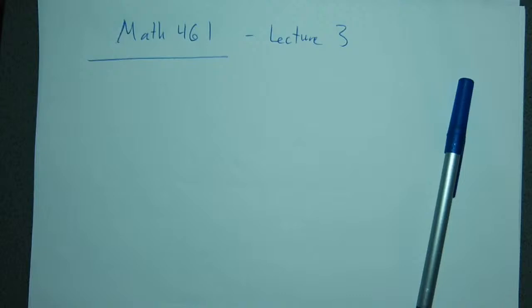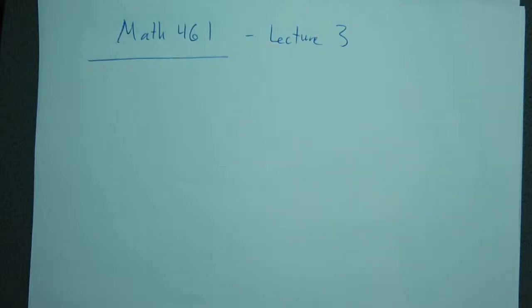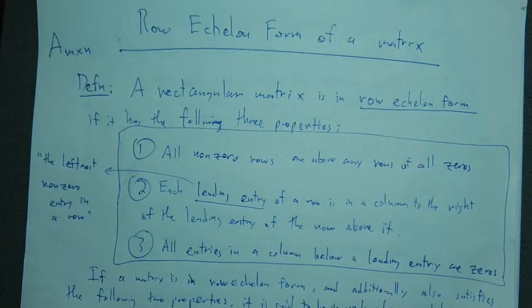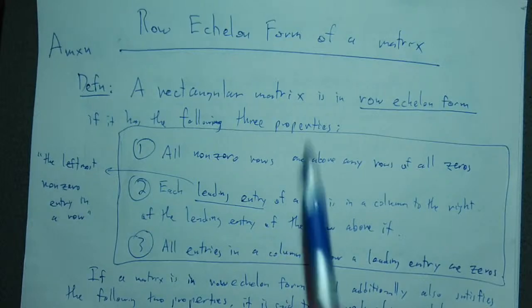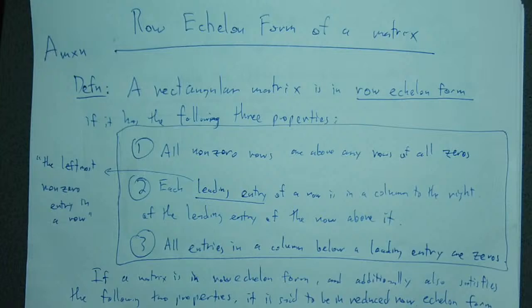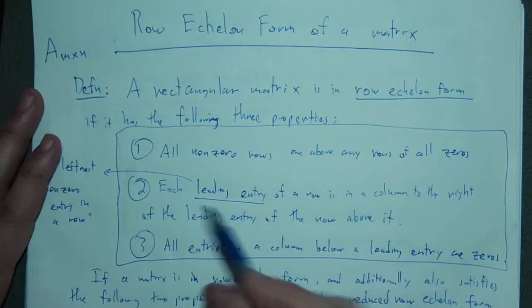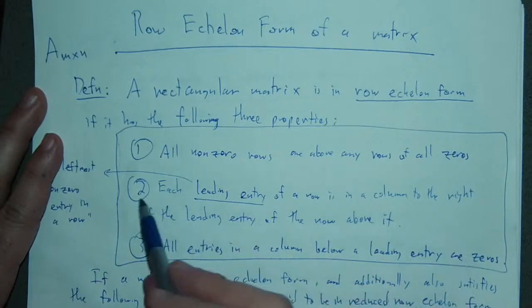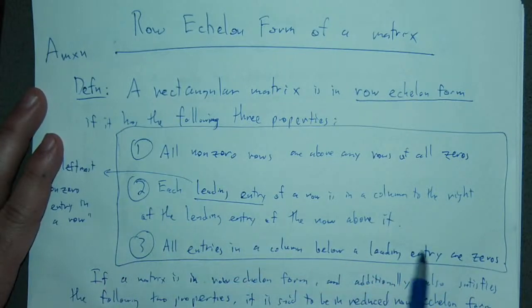Last time we discussed, I had listed out all these things that are required for a matrix to be in row echelon form or reduced row echelon form. Last time, I don't know what I was thinking about. Two definitely implies three. I know there's questions about whether there's a matrix that satisfies three but not two. No, two definitely implies three.